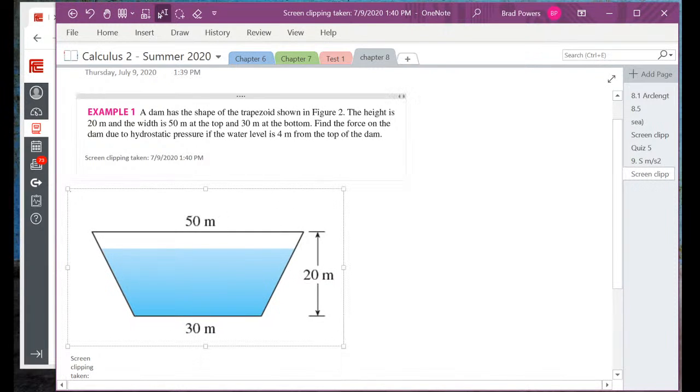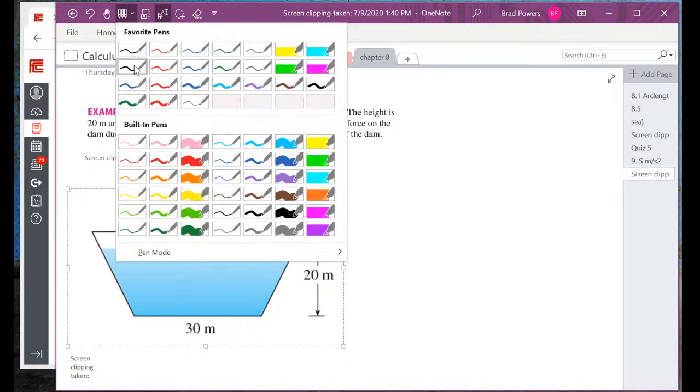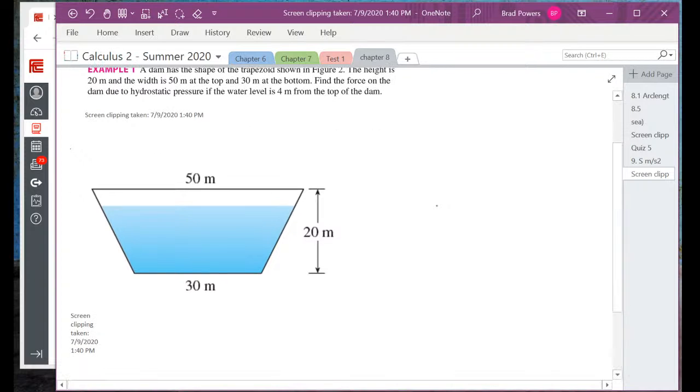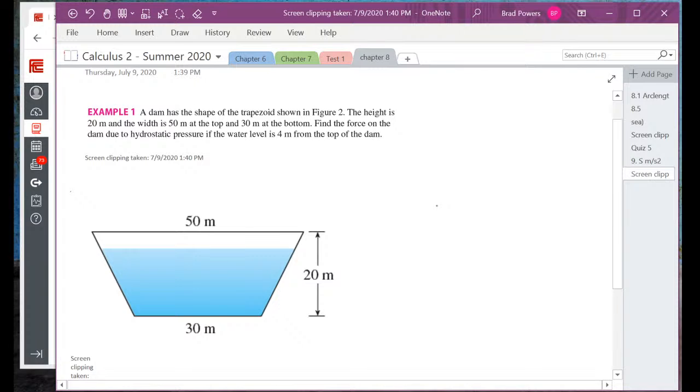Okay. The height is 20 meters. The width is 50 at the top and 30 at the bottom. Find the force on the dam due to hydrostatic pressure if the water level is 4 meters from the top of the dam. So one more time.